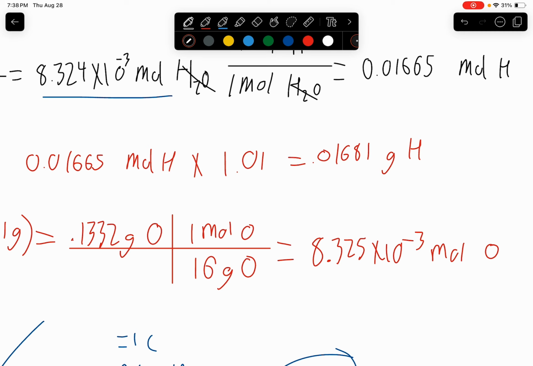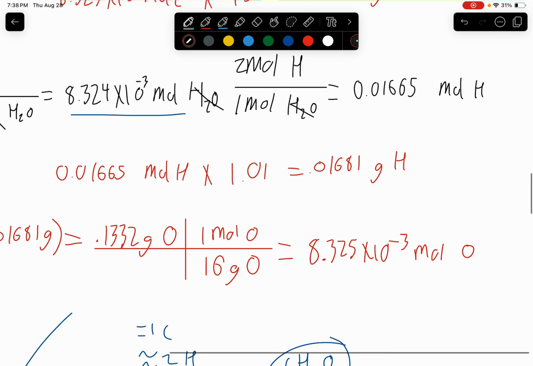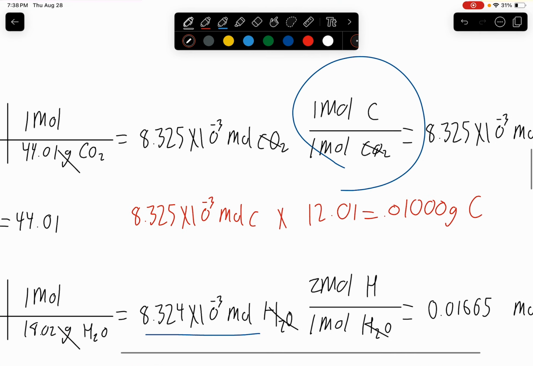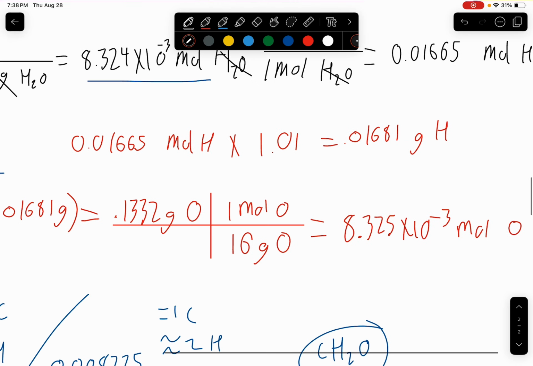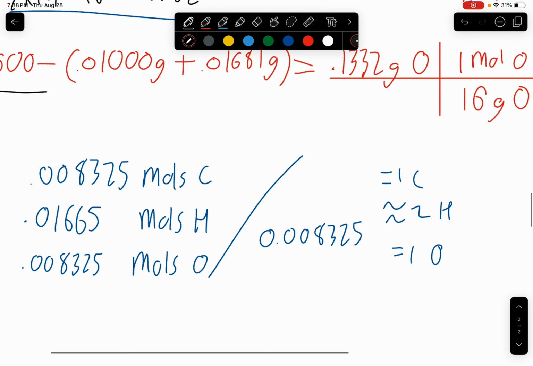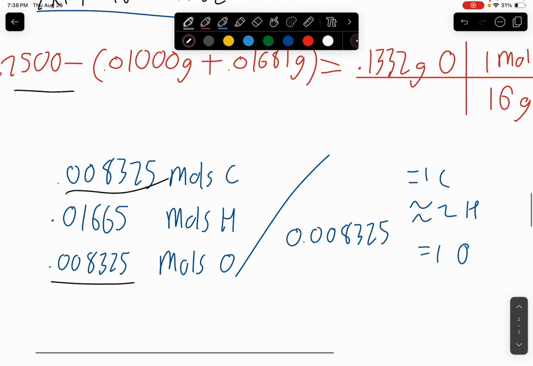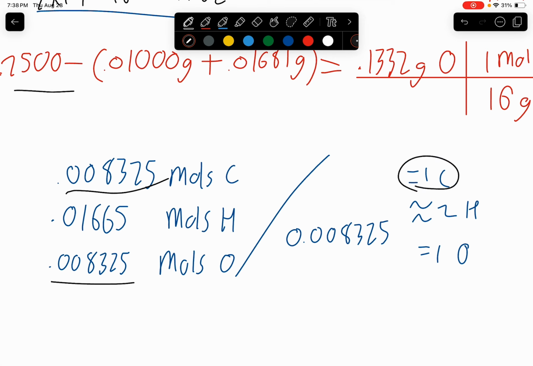to get 0.1332 grams of oxygen, and we divide that by 16 grams to find the moles of oxygen, and we basically have the same thing as carbon. Now we have to divide by the smallest number, and since the carbon and oxygen are the same, those are both the smallest, so they turn out to be 1.